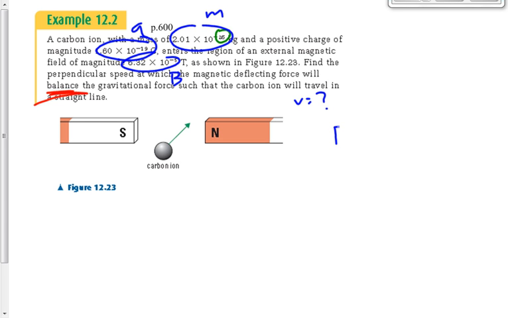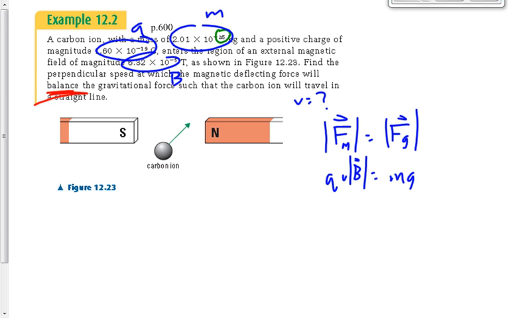Well, if we're trying to balance the gravitational force with the magnetic force, we're going to say Fm is equal to Fg. We're going to say QVB is equal to m times g. We're looking for V, so it becomes V is equal to mg over QB.